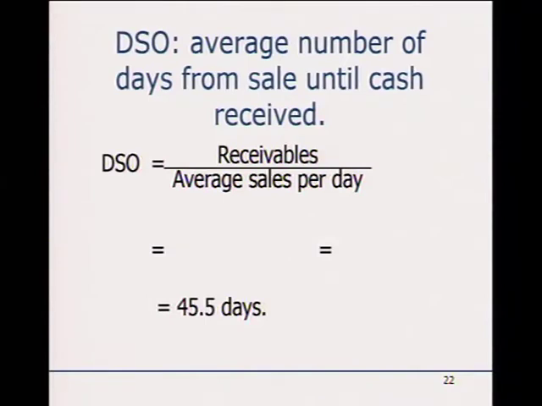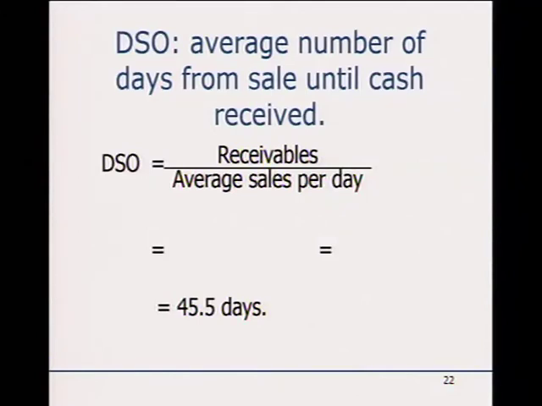We don't have that figure directly. But here's the trick. If you go to our income statement, we've got the sales figure. We know in a year we've got how many days? 365. Those sales are the sales for the entire year, so if we divide that figure by 365, we'll be able to get the average sales per day. Then the receivables figure, like we have said, we get from our balance sheet.